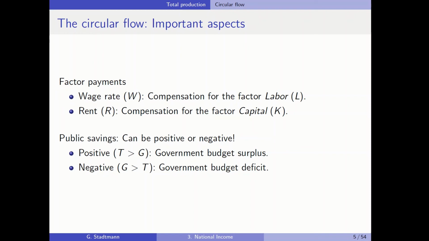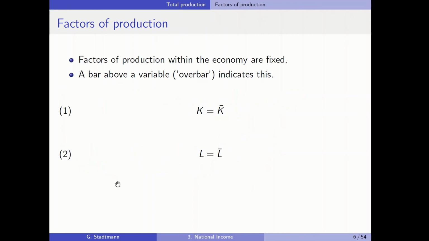Let's come up with some assumptions with respect to the factors of production. In this part of the lecture, we assume that the factors of production within one economy are fixed. We denote that with a bar above one variable, which is called overbar. So here, equation 1 says capital is fixed and labor is also fixed.